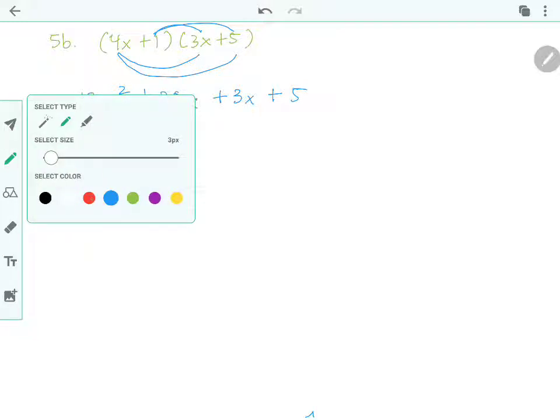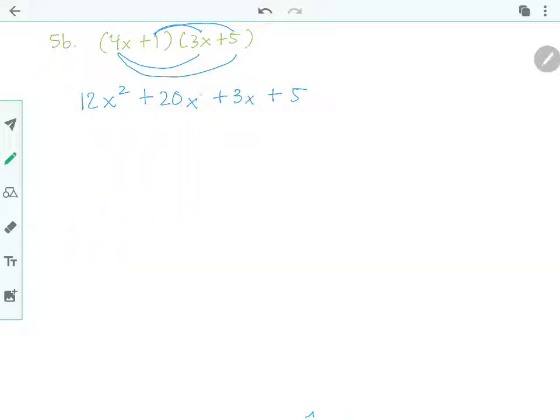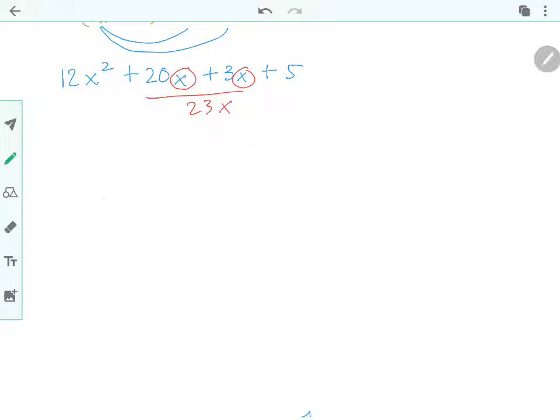Okay, now look at the like terms. We only have like terms here, x and x. So you add both of them, and that equals 23x. So for the final answer, it will be 12x squared plus 23x plus 5.